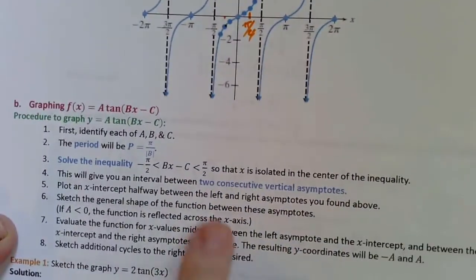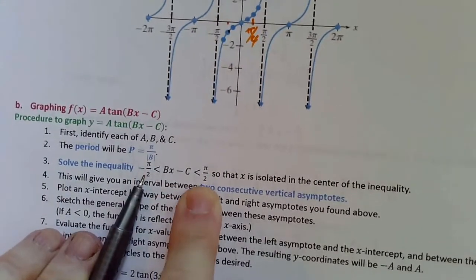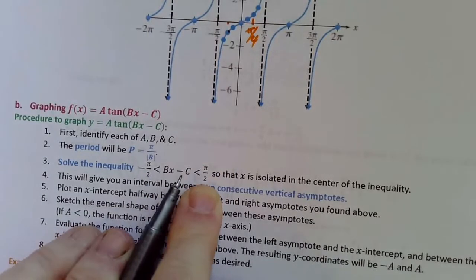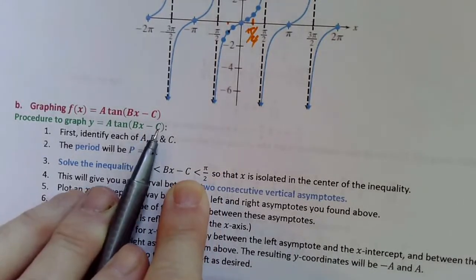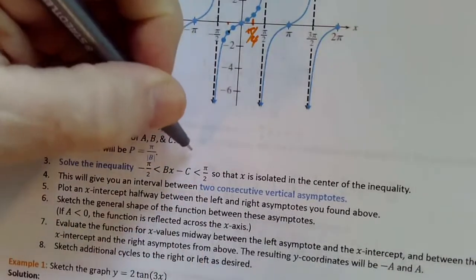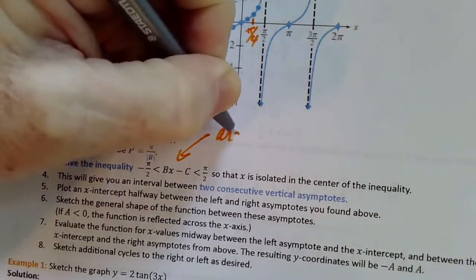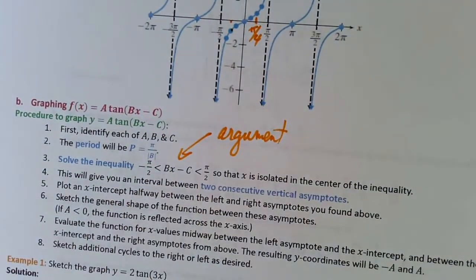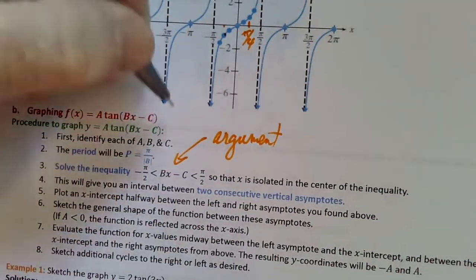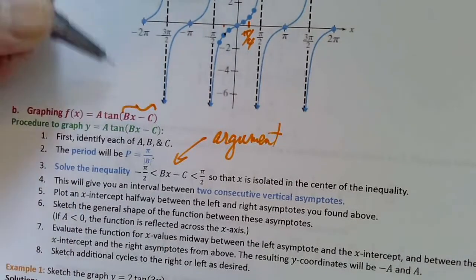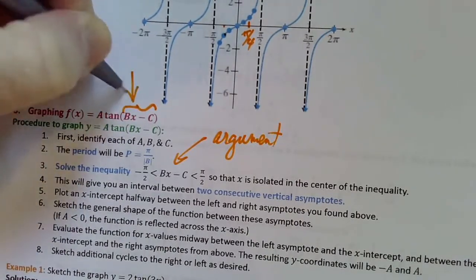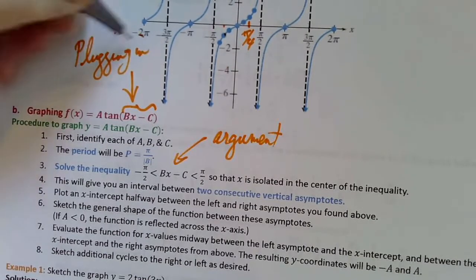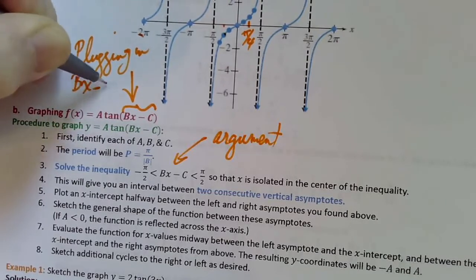And then there's something a little different with functions that have asymptotes. We're going to take the standard tangent asymptotes at negative pi over 2 and pi over 2 and put the argument bx minus c in the middle. The argument is the name we give for the thing we're plugging in. So here, we're plugging in bx minus c.